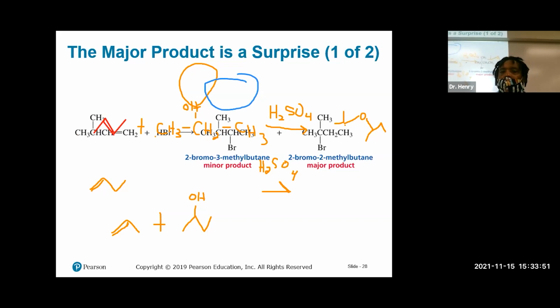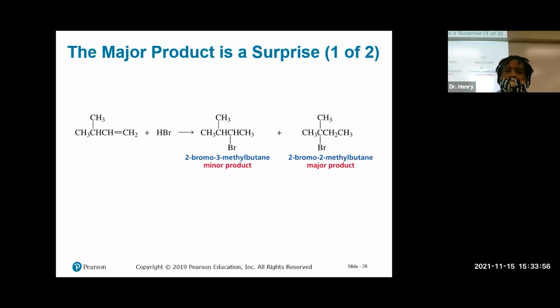Okay, so when we talk about, in this case, I guess I should clear it. We talked about the major and the minor, right? So here we have a major and a minor product. Now, we end up getting a surprise, because the double bond is right here, but we get the addition of a bond here and a bond here.